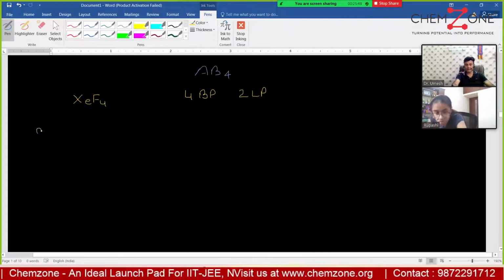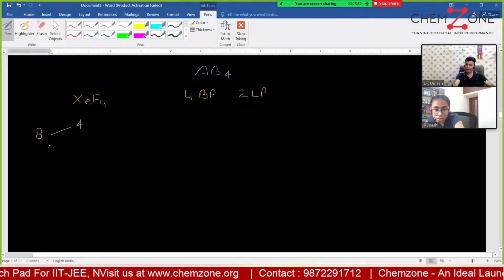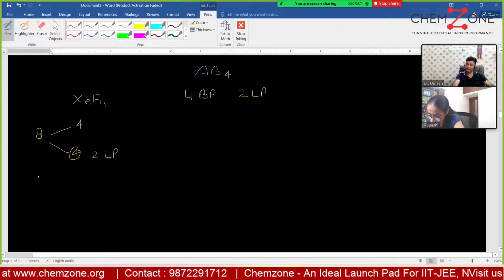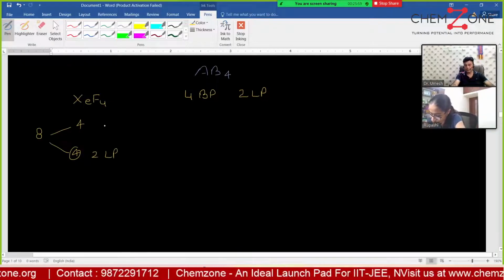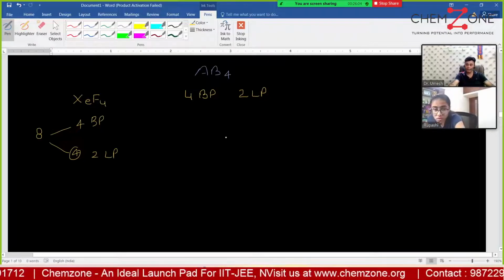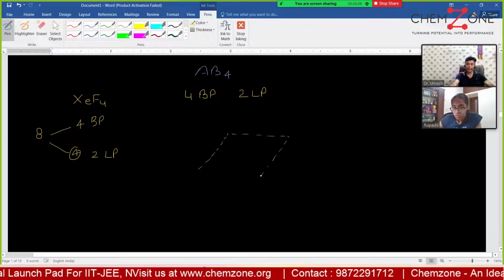Xenon has 8 electrons, out of which 4 are involved in bonding. The other 4 will be making 2 lone pairs. Four bond pairs and 2 lone pairs, so total there are 6 pairs of electrons that will align in the octahedral geometry.